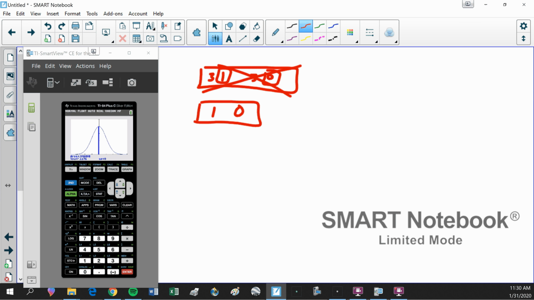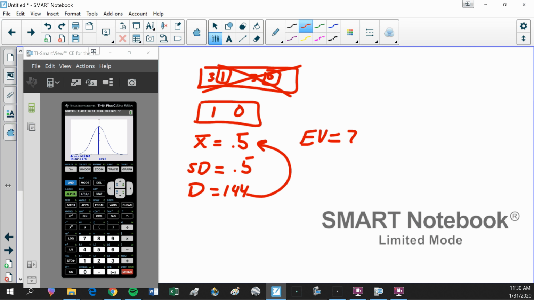So, toss this thing out. What is the average of a 1 0 box? 0.5. What is the standard deviation of a 1 0 box? 0.5. So if we do 144 rolls, then my expected value will be 72, and my standard error will be 6, which is 1/2 of the square root of 144.